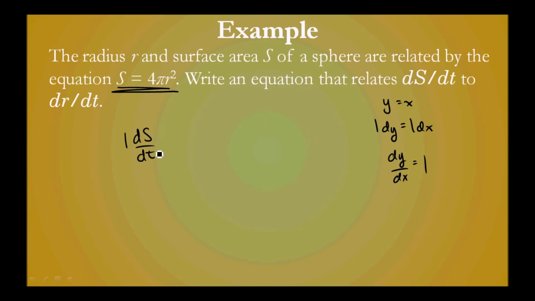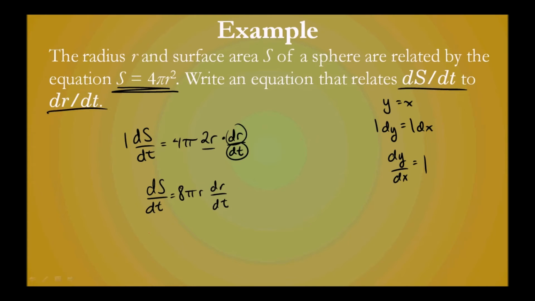So 1 ds dt equals 4 pi, which is a constant, times the derivative of r squared, which is 2r, times dr dt, because we differentiated r, indicated by the dr, with respect to time, over dt. So ds dt equals 8 pi r dr dt. As such, we've related ds dt to dr dt.